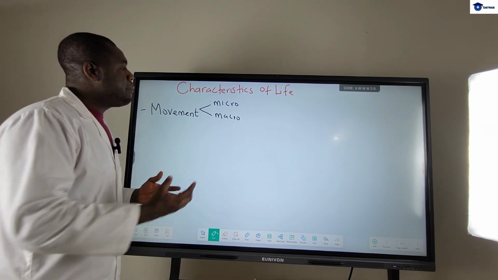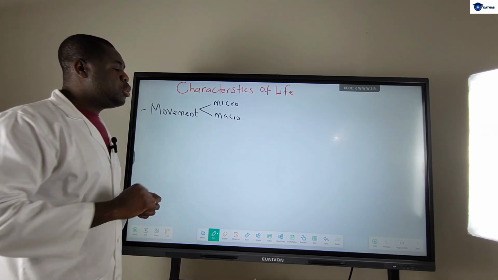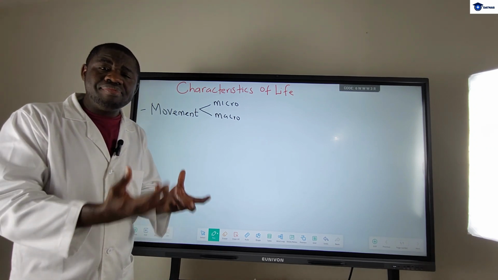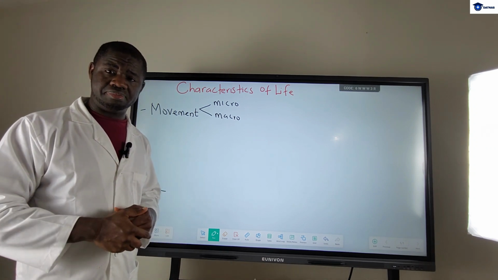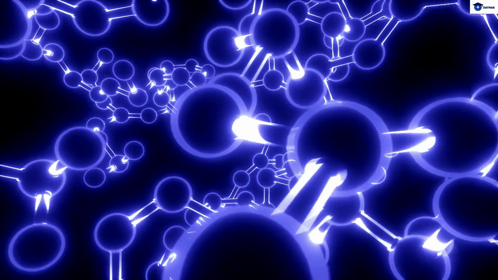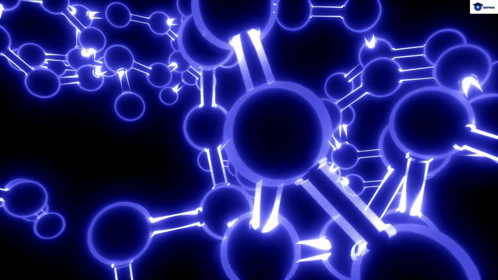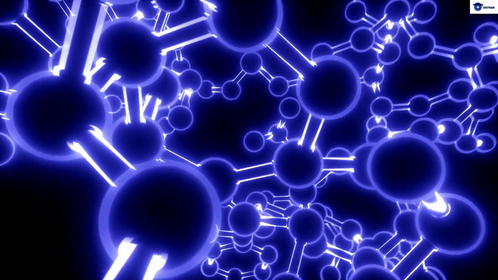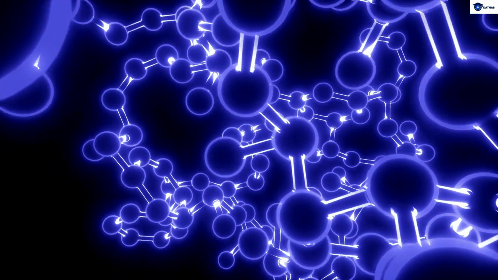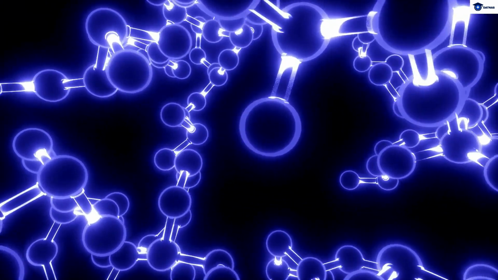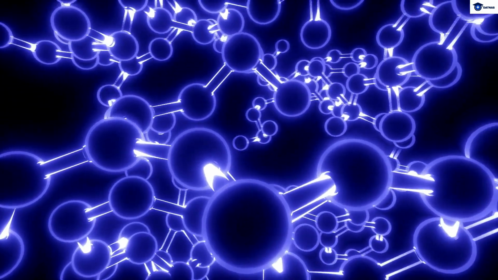When we talk about micro movement, we are talking about the movements in the body. Maybe I will say that the molecules in the body are in a constant motion. Even some organs undergo movement.